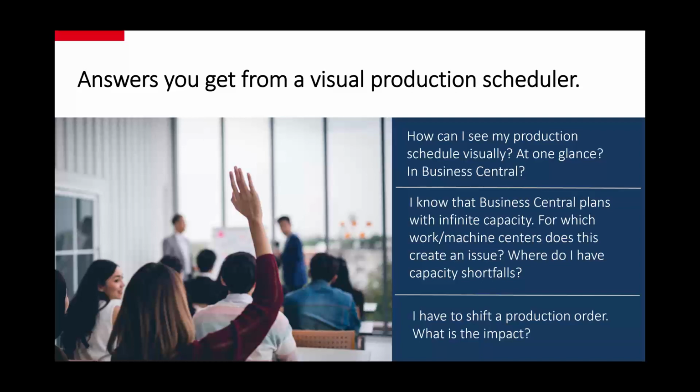And if things change, then you will have to move production orders. But if you have to shift a production order, what is the impact? You will see this from the visual production schedule, because it gives you a picture that you can change. It gives you a picture of your production schedule, but then with drag and drop, you can change that picture, and if you change it, you see the impact of the change you're making.